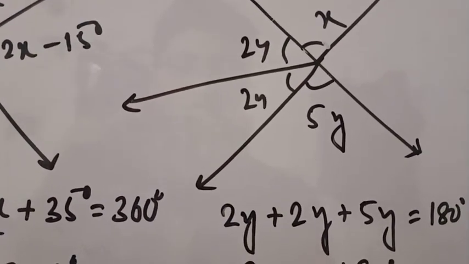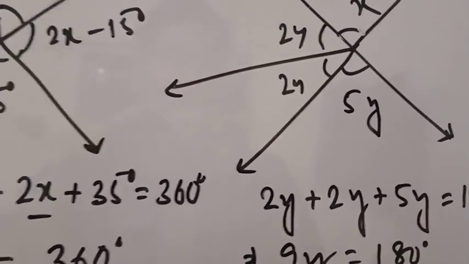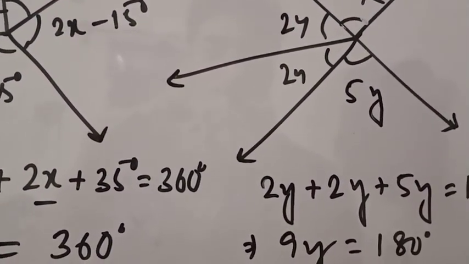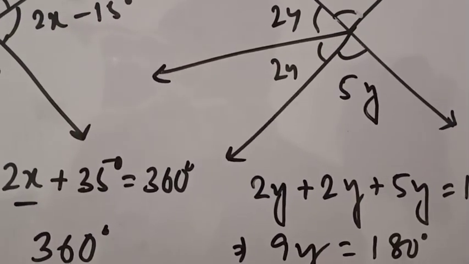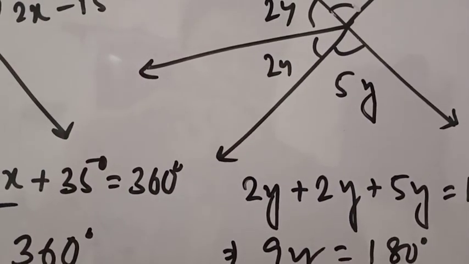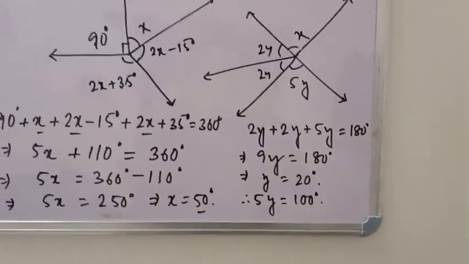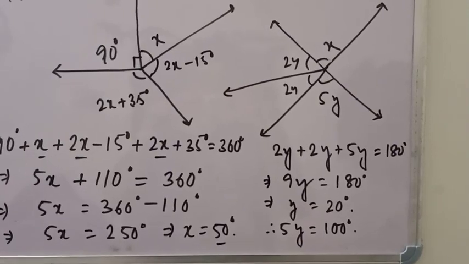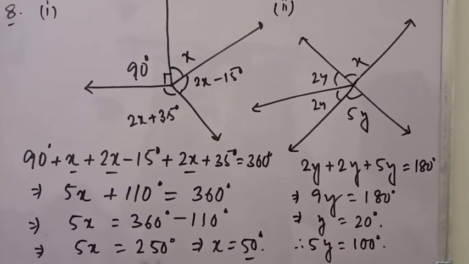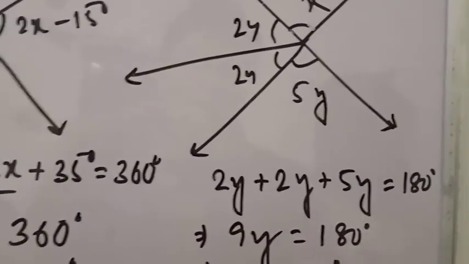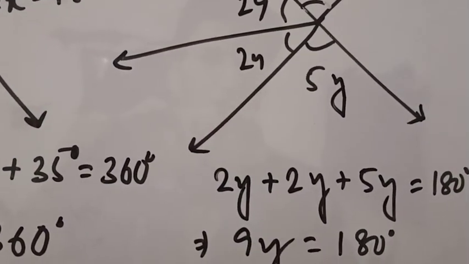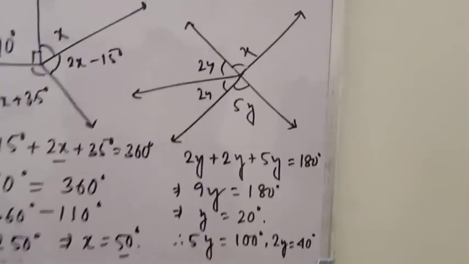So y equals 20 degree. If y equals 20 degree, then 5y equals 100 degree. And 2y equals 40 degree. Clear?